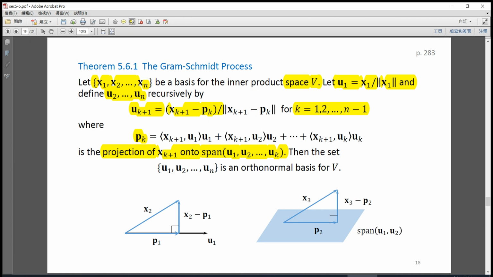Then the set u1, u2 up to un is an orthonormal basis for V.